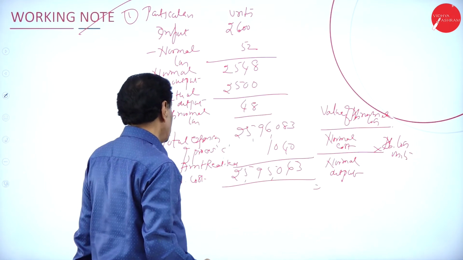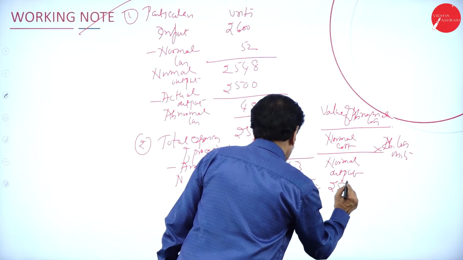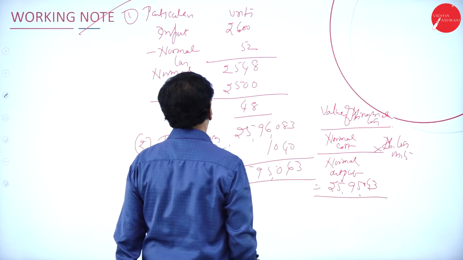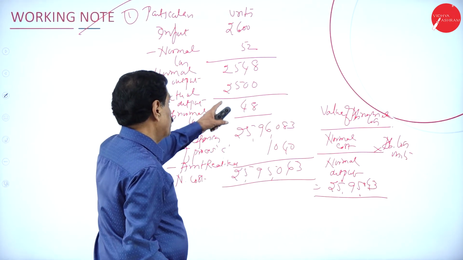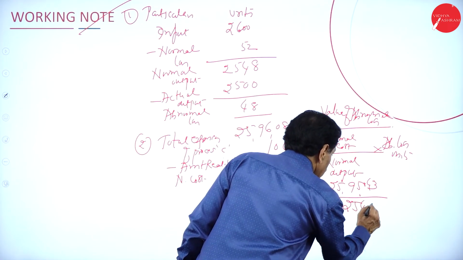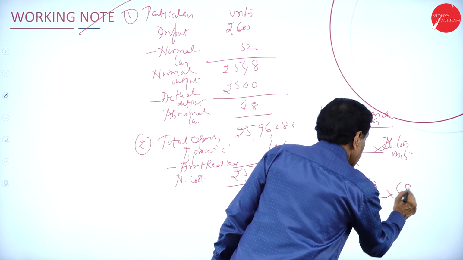What's your normal cost? 25 lakh 95,043. What's your normal output? 2,548, into 48 is abnormal loss.